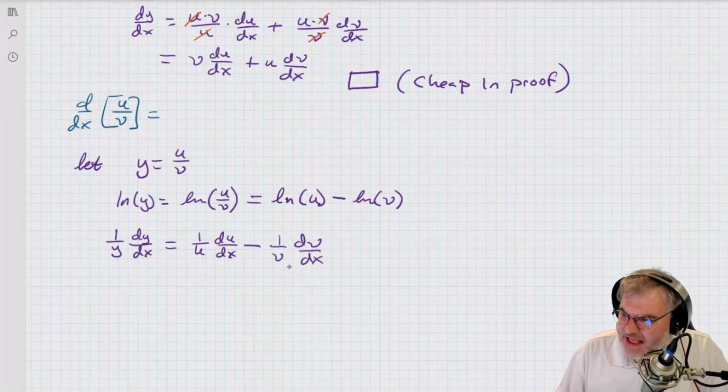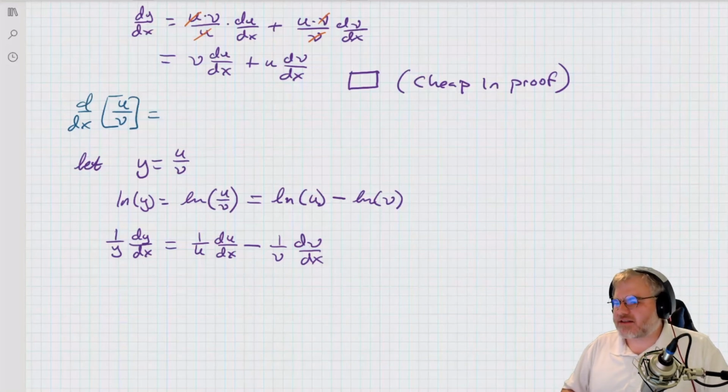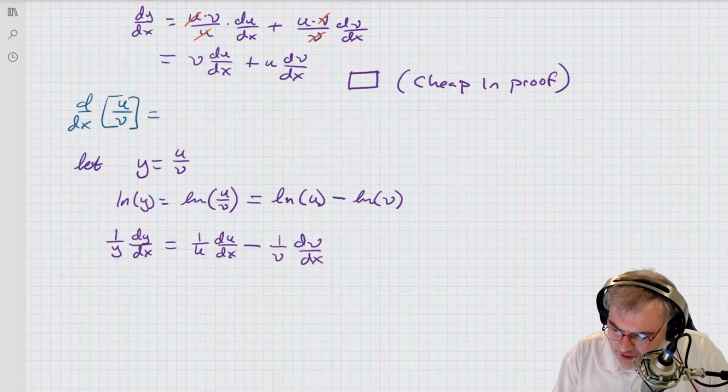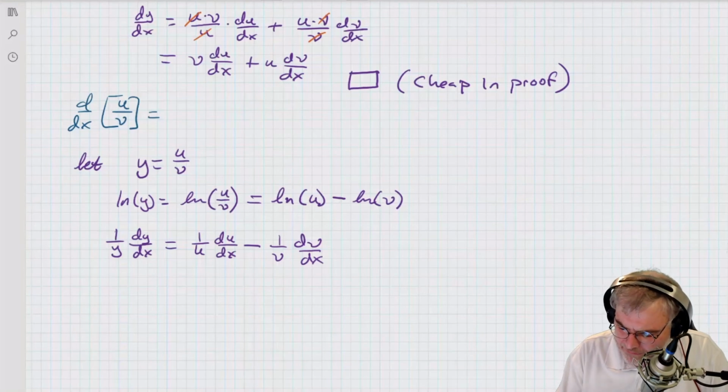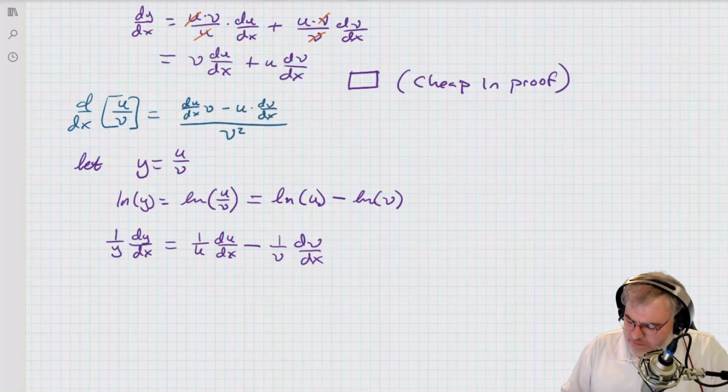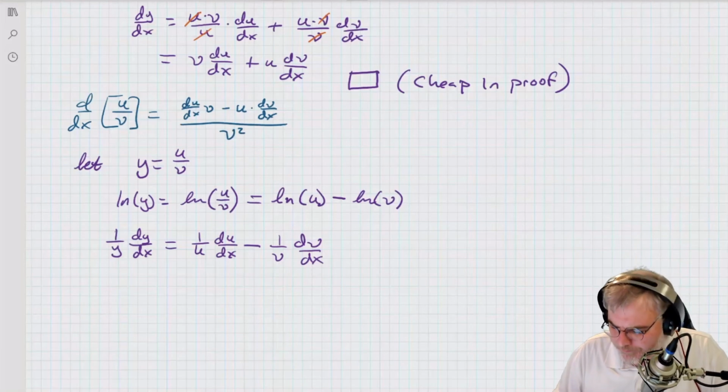So what gets that other term? The negative has to go with dv over dx, because when I took the log, it was on the bottom. Ah, that's right. Now I remember. So this is going to be du over dx times v minus u times dv over dx all over v squared. Because that's where that minus came from. Aha!